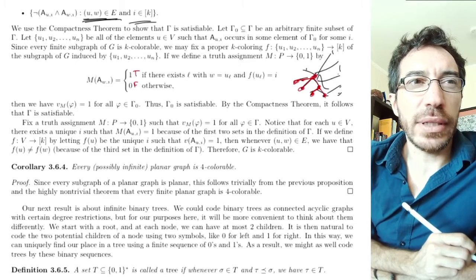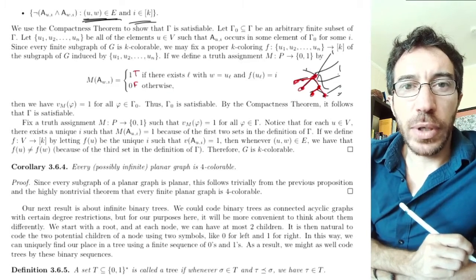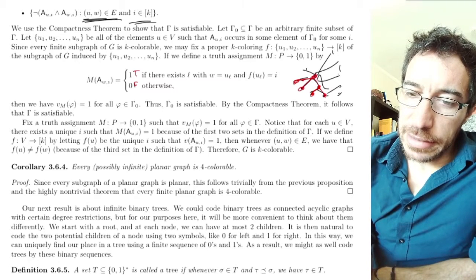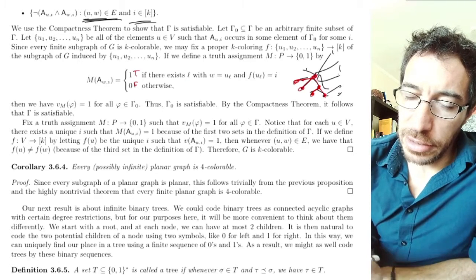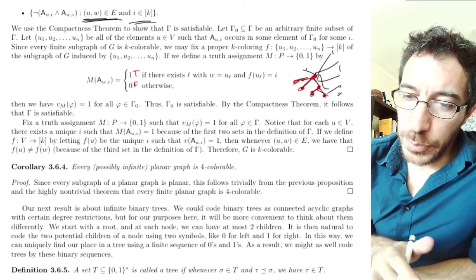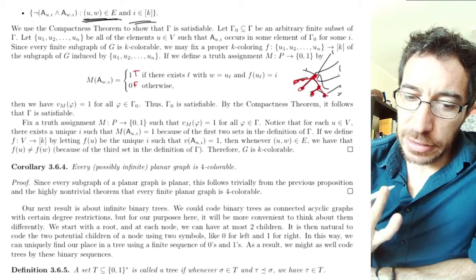Cool. Okay, so what have we done? We have a truth assignment that on these vertices uses the proper coloring, on the other ones doesn't.